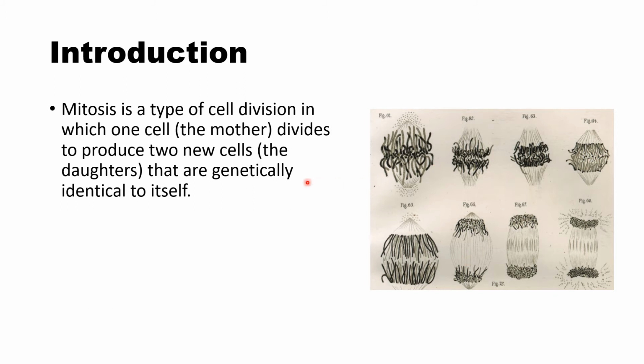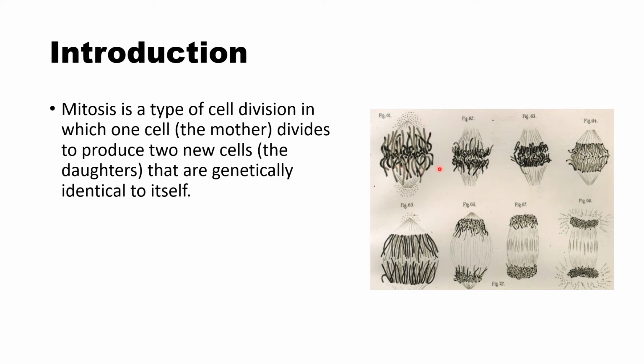So, mitosis is a type of cell division in which one cell, which is the mother, divides to produce two new cells, the daughters, that are genetically identical to itself. So, on the picture you can imagine this as the mother cell.